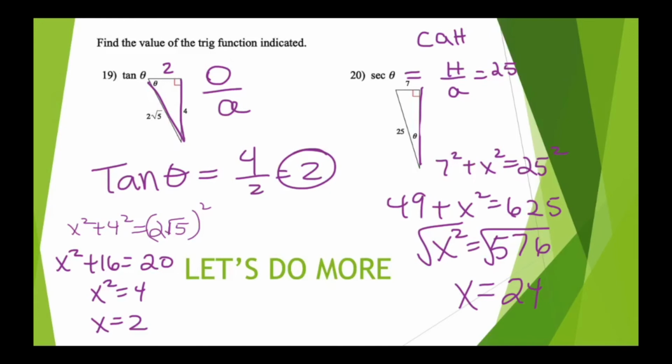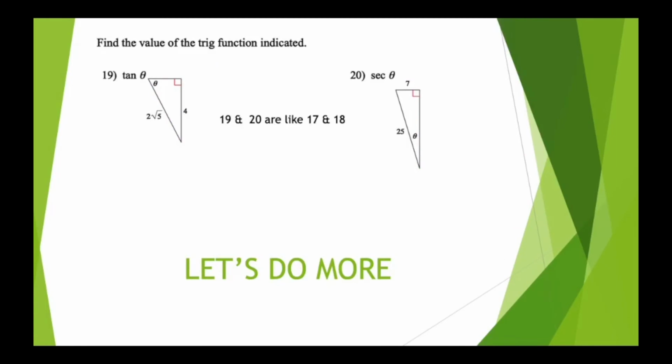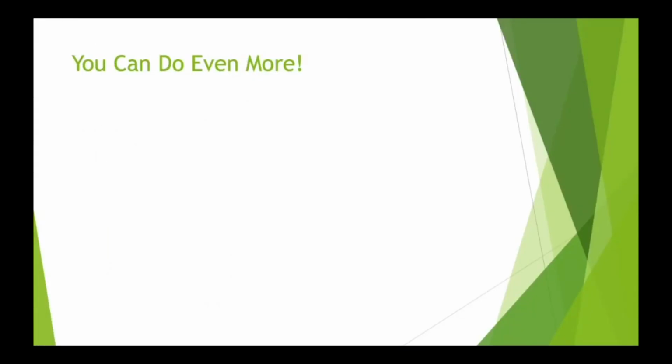So the value right here is 24. That is my adjacent. 25 over 24. I want to let you know that number 19 and 20 is like the ones above it, 17 and 18. So these are the examples for that. You can do even more. Let's go ahead.